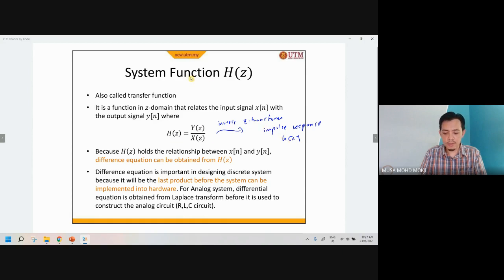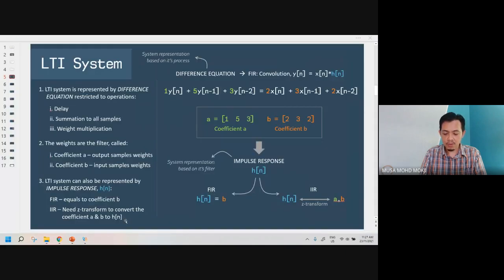Why are we interested in this system function H(z)? Because it gives us this relationship: Y(z) divided by X(z). We can see H(z), Y(z), and X(z). If we look at the difference equation, it is also relating input and output, but h[n] is not there, so we can't see the impulse response.